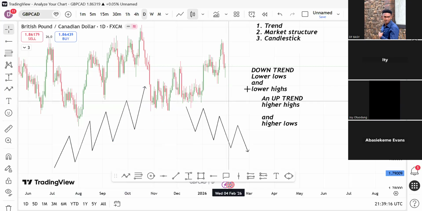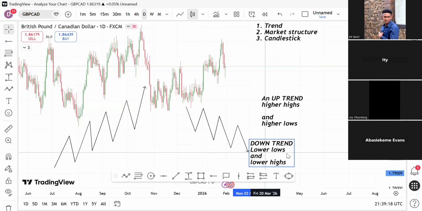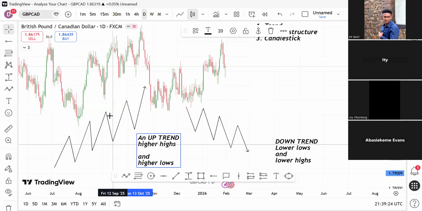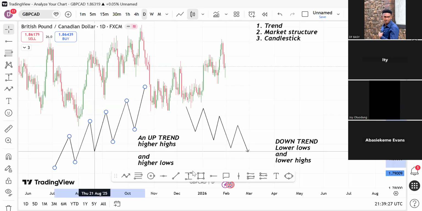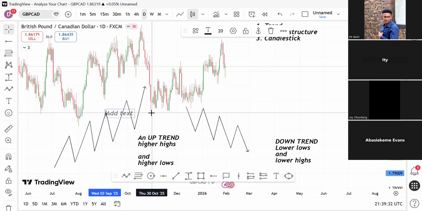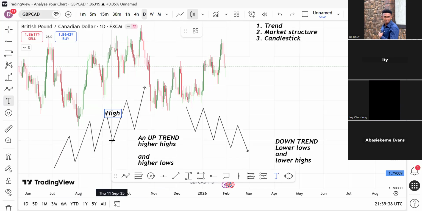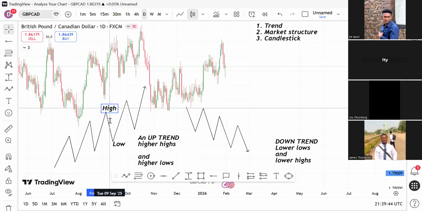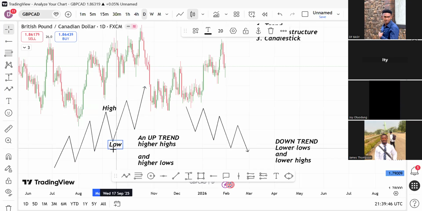So when you have a downtrend, the market makes lower lows. When you have an uptrend, the market makes higher highs and higher lows. What we call highs, this is a high. That's a high and this is a low.